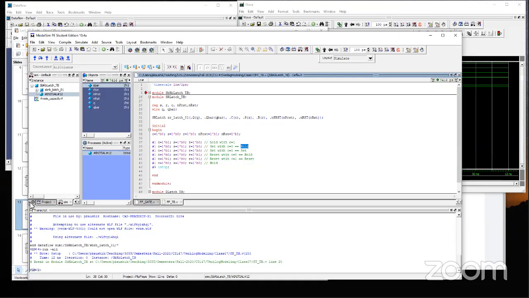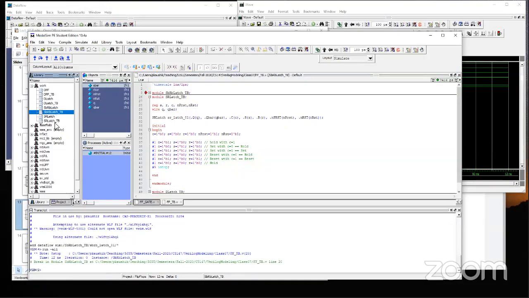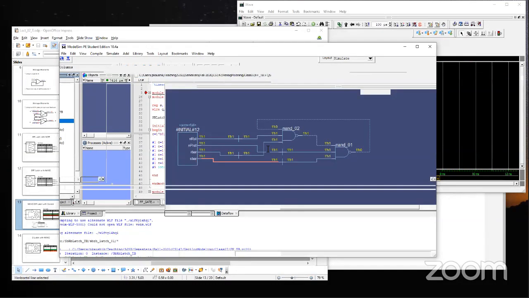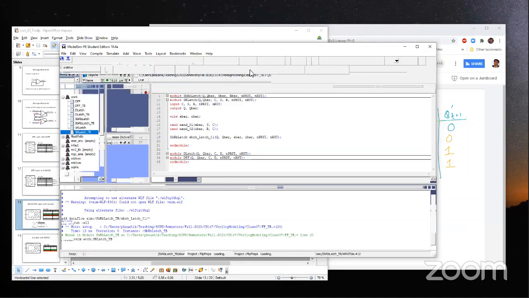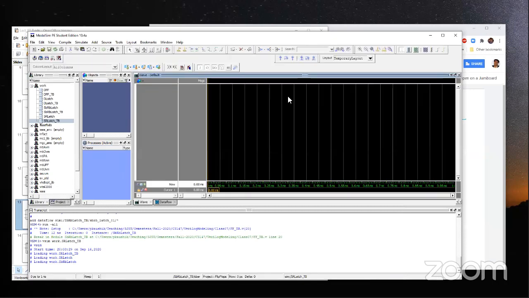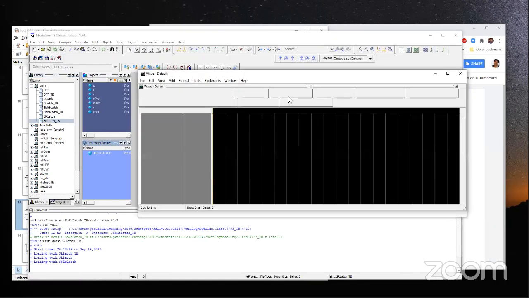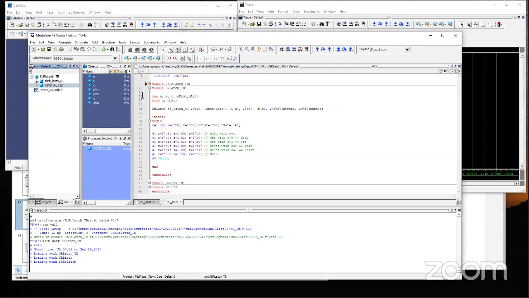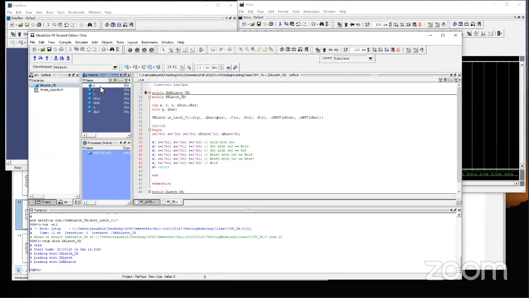So let's try to load that, our SR latch TB.